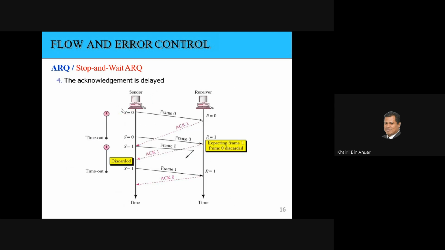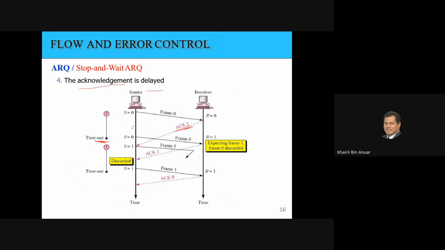And this one is when the acknowledgement is delayed. So basically, for frame 0, the receiver acknowledges, but the sender receives it only after the timeout. That is why it says the acknowledgement is delayed.